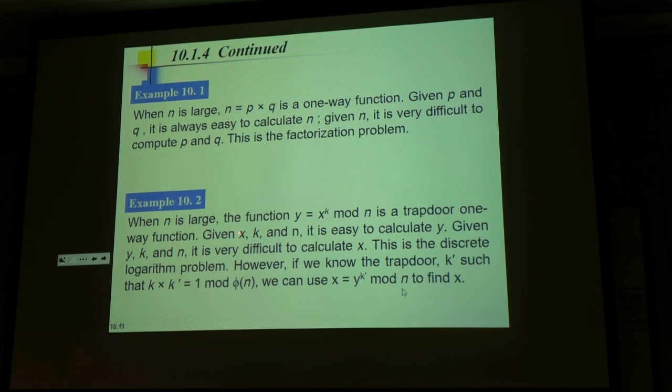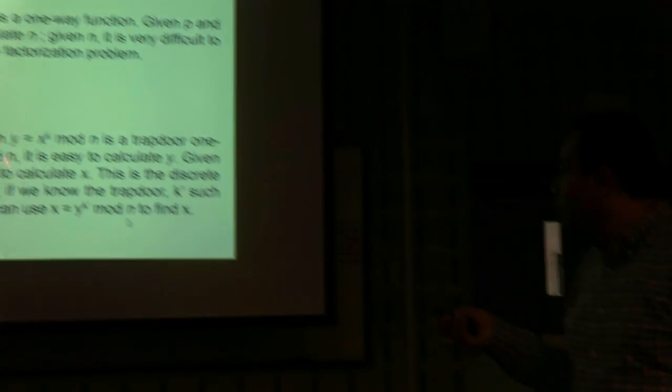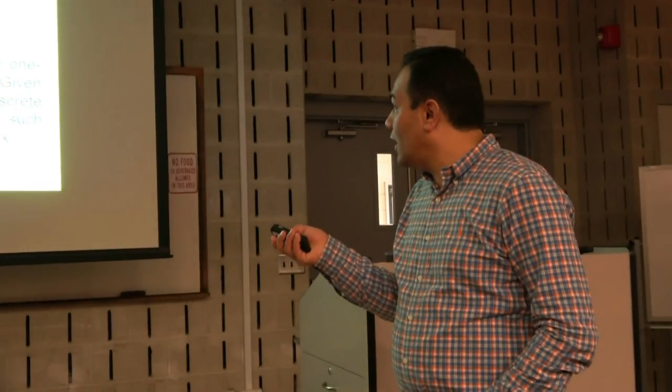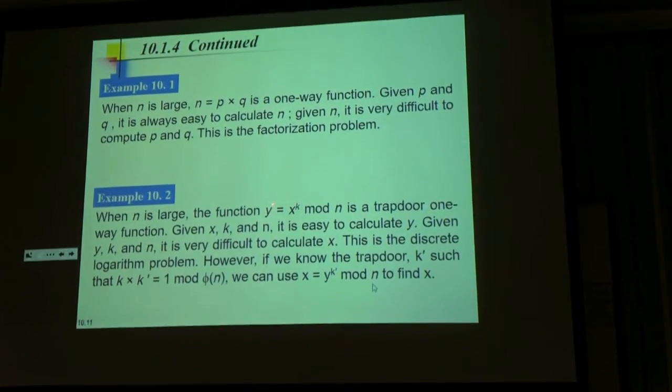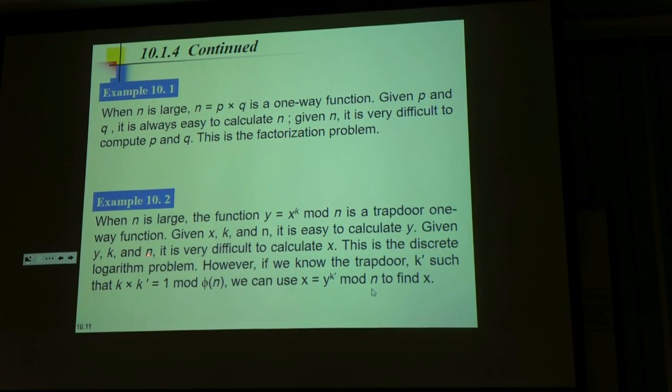If you are given x and k and n, it's easy to calculate y, right? It's very easy. Given y now, and k and n, it is very difficult to calculate x. Very difficult to calculate x.